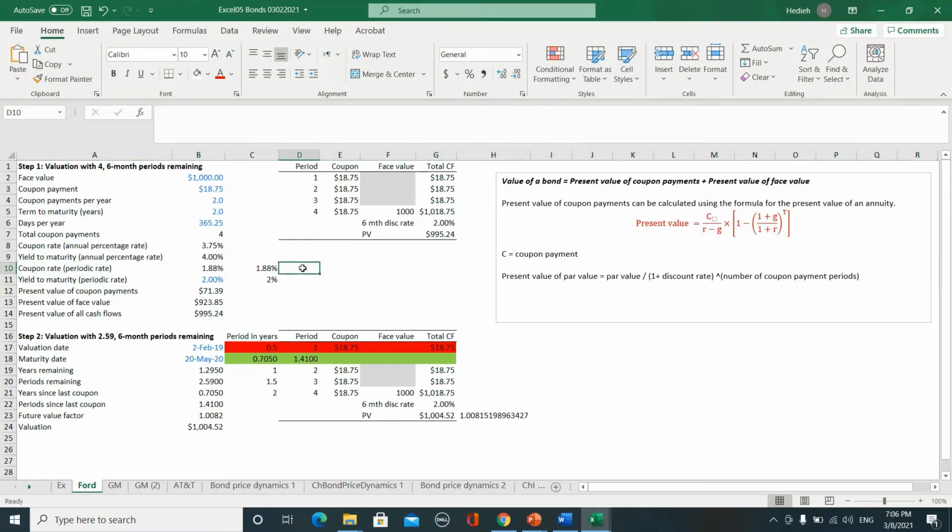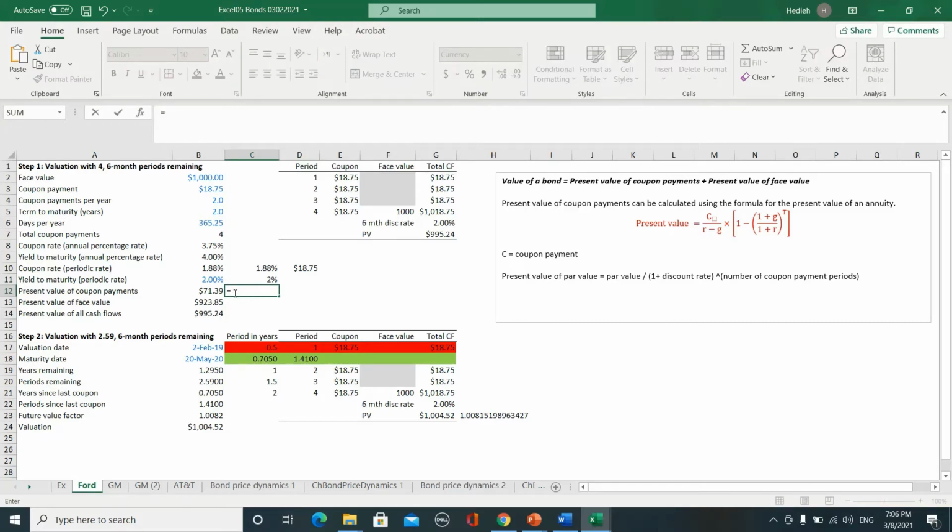In order to find your coupon payment, you should just multiply your semi-annual coupon rate with your face value in order to find your semi-annual coupon payment, which is $18.75.